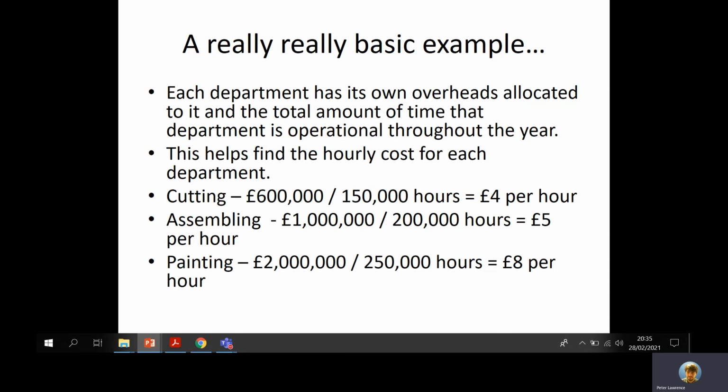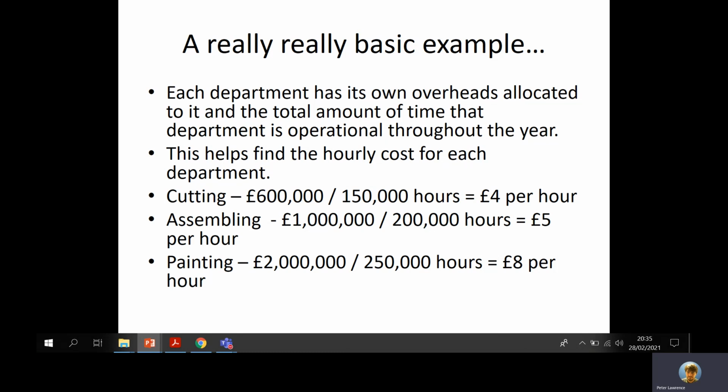The assembling department has £1 million worth of overheads allocated to it and is operational for 200,000 hours, so it's £5 for every hour. Painting, £2,250,000 over 250,000 hours, so £8 per hour.